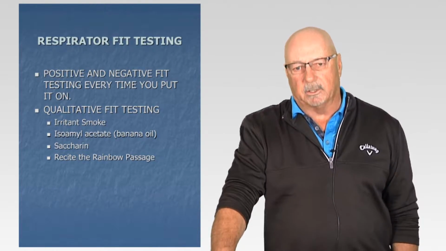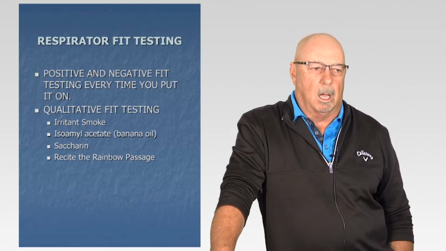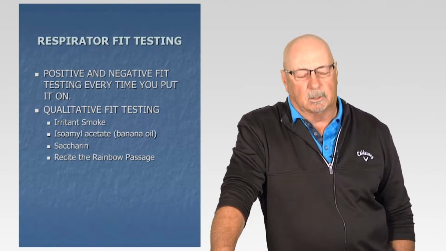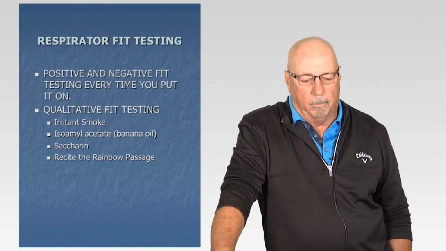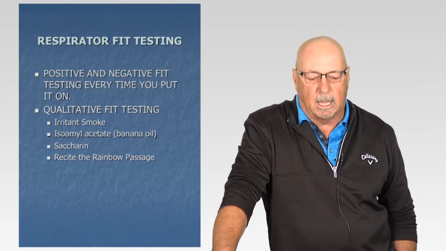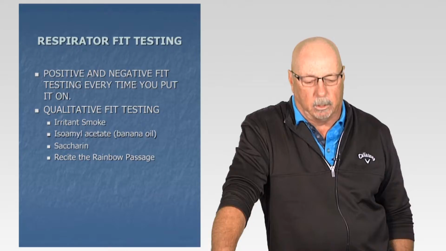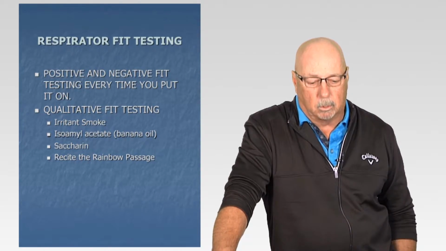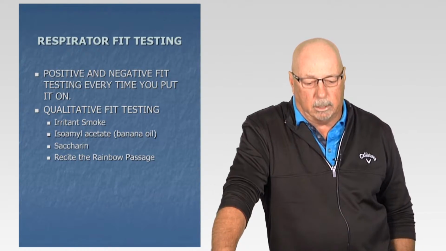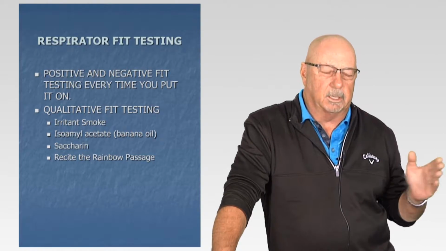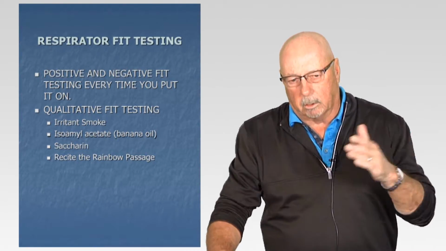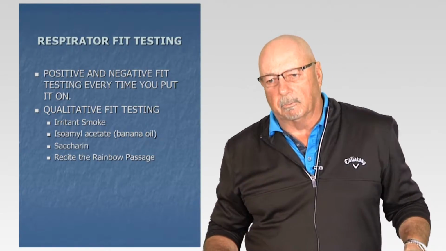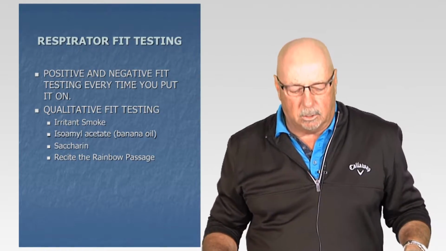Of all of these, irritant smoke is probably the most common one used, because it's nearly impossible for anyone to fake the results of this testing. If the respirator is leaking, the irritant smoke will let you know. Now, during qualitative fit testing of the respirator, OSHA requires that the worker read a passage, and that's referred to as the rainbow passage.